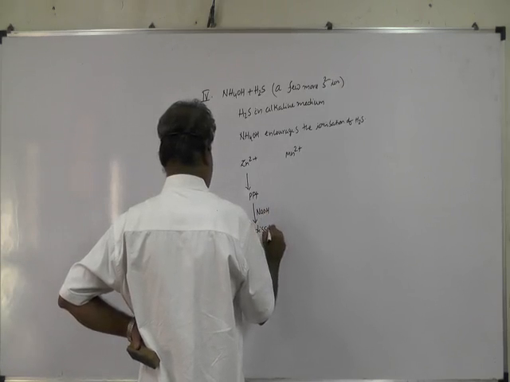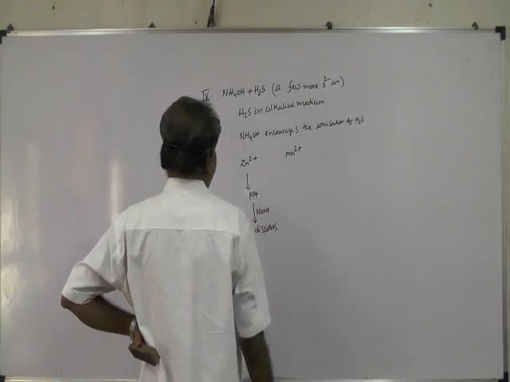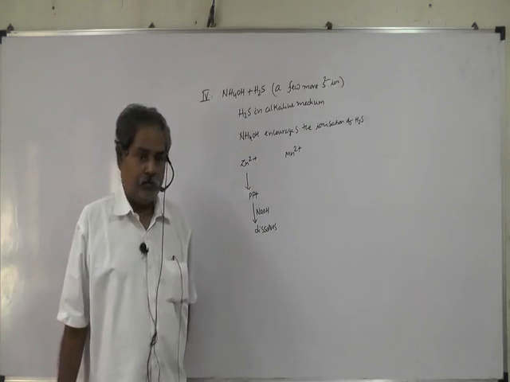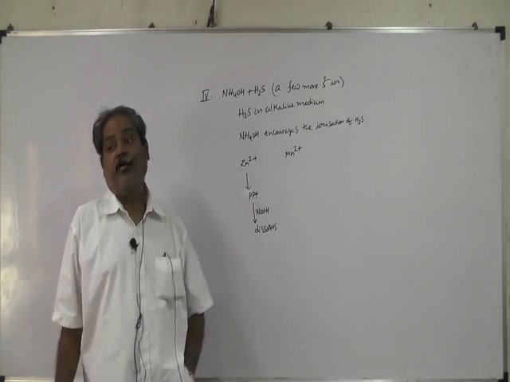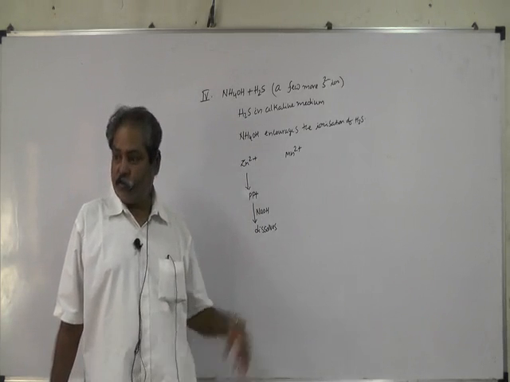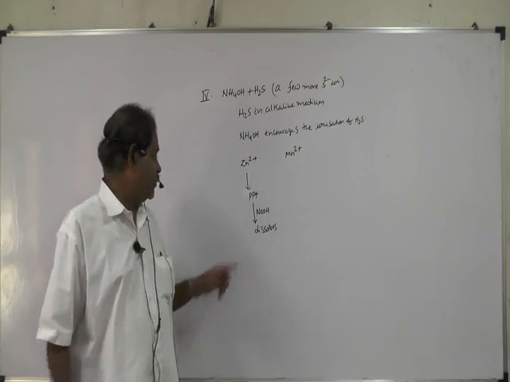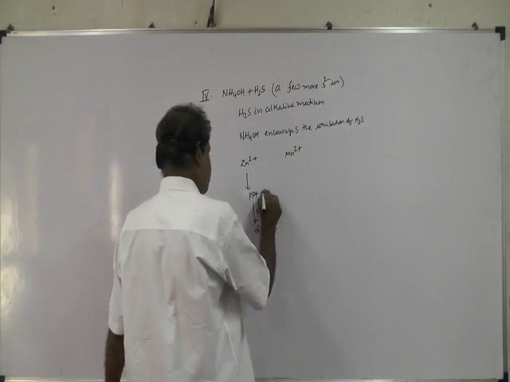Once again, amphoteric nature. So how do you distinguish zinc and aluminium? Aluminium is precipitated as a hydroxide in third group. This one is precipitated as a sulfide, precipitate of sulfide.